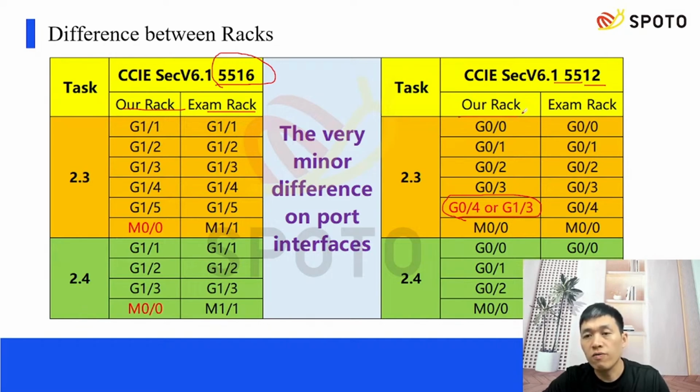On our RAT, for this type of RAT, we might have 2 scenarios. Either this interface or this one, but in the exam only this one. Okay, and we have notes for this on the verbal as well.